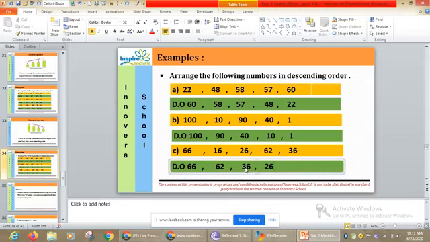And the last number which is remaining is 16. So the descending order is what? 66, 62, 36, 26 and 16. So this was the descending order.